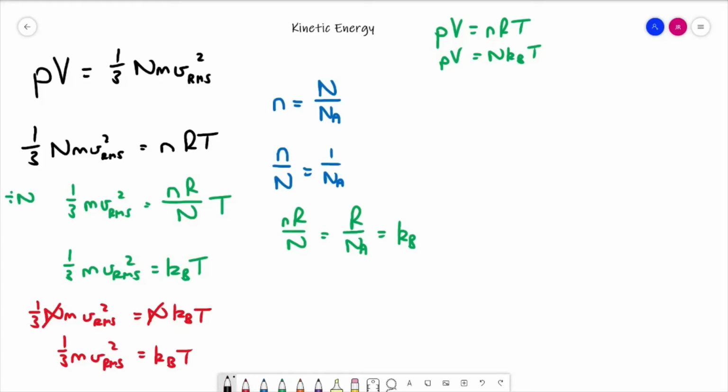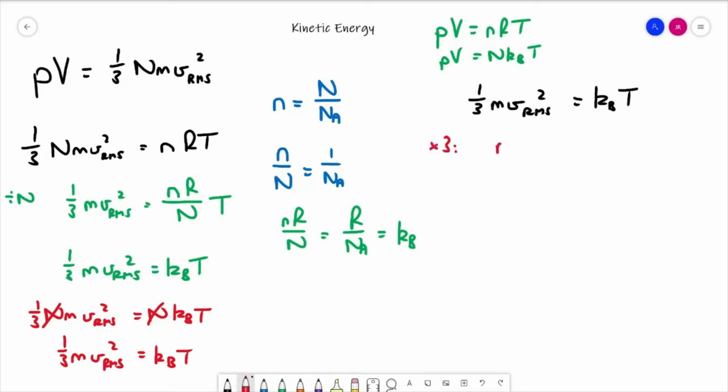What we're left with then, let's bring this back up here: a third mv RMS squared is equal to kBT. Now, we've said that we want kinetic energy, so on the left hand side we want a half mv squared, but what we've got at the moment is a third mv squared. So we just need to do a little bit of multiplication and division. Firstly, let's get rid of the factor of a third, so let's multiply both sides by 3.